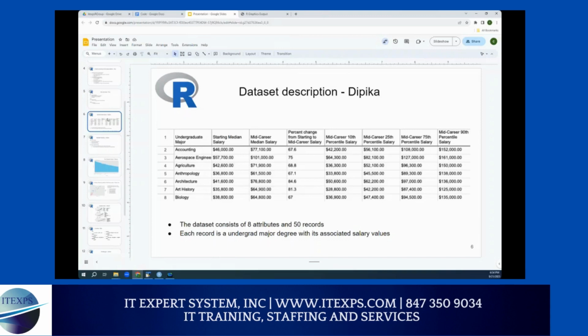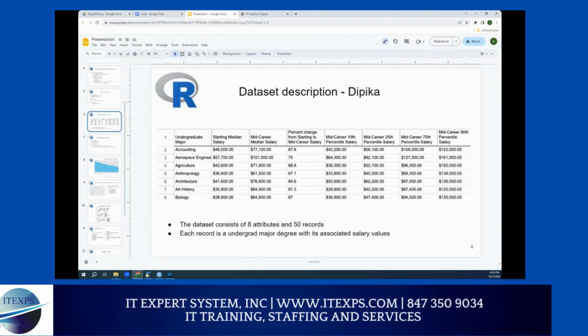So the data set consists of 8 attributes, which are the columns. When I hear 50 records, I'm assuming 50 rows. Yes. So do you think that sample is pretty small? The data set was already managed by the Wall Street Journal.